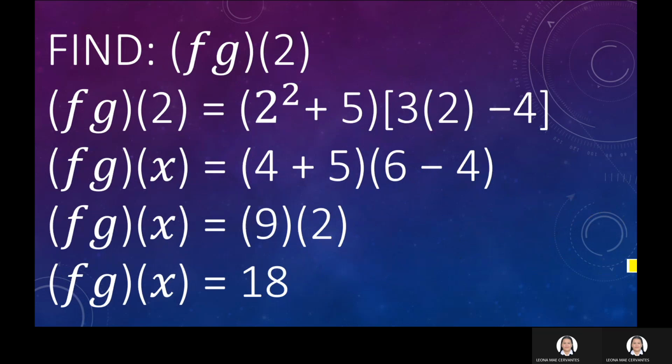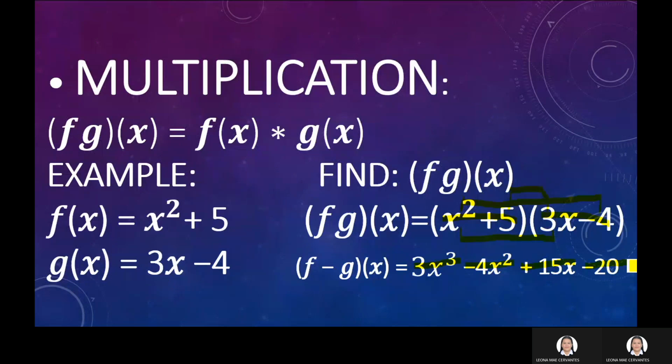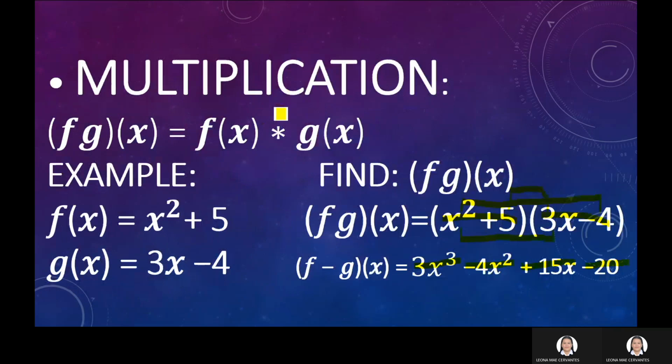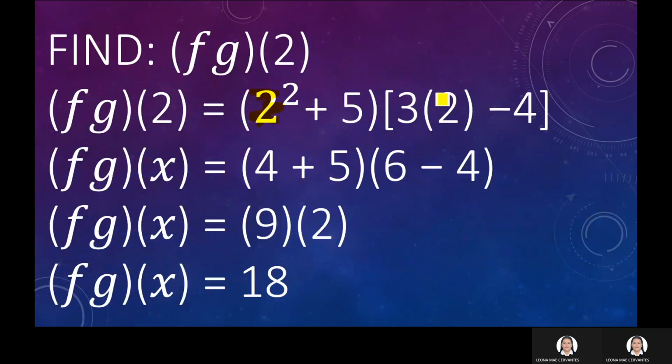If x is equal to 2, then f times g of x is equal to f of x, you have x squared plus 5. So 2 squared plus 5. And for g of x, we have 3x minus 4. So we have 3 times 2 minus 4. Okay?